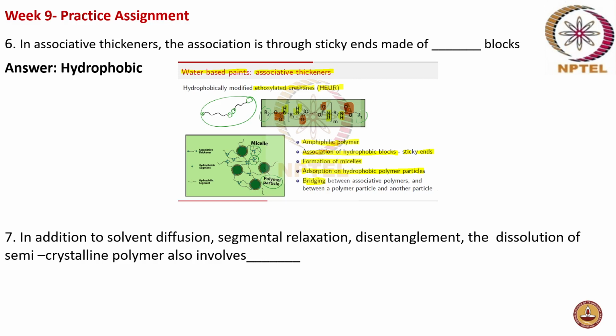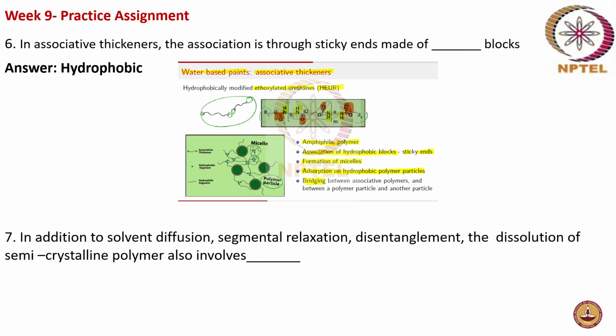Right? That was explained when I was discussing the dissolution lecture. These are some of the parameters that play a vital role when an amorphous polymer has to be dissolved in a solvent.